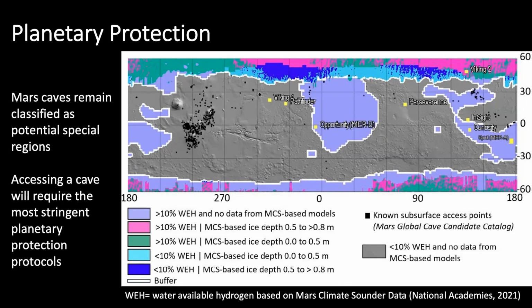And it turns out that they have decided, and I agree with them, that because of the astrobiology potential of caves, you have to adhere to the strictest planetary protection protocols. So that instrument package, that payload and mission needs to be basically sterile upon arrival. And that is very expensive to do and hard.